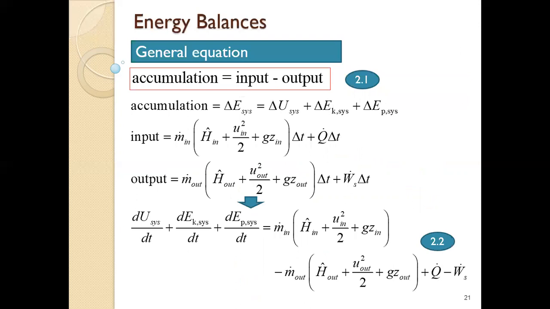Okay, next, previously we talked about the mass balance, and now we talk about the energy balance. For the general energy balance, you have accumulation equal to input minus output.